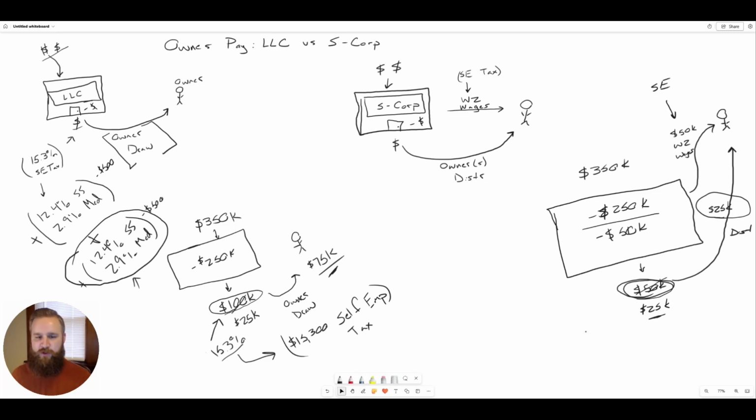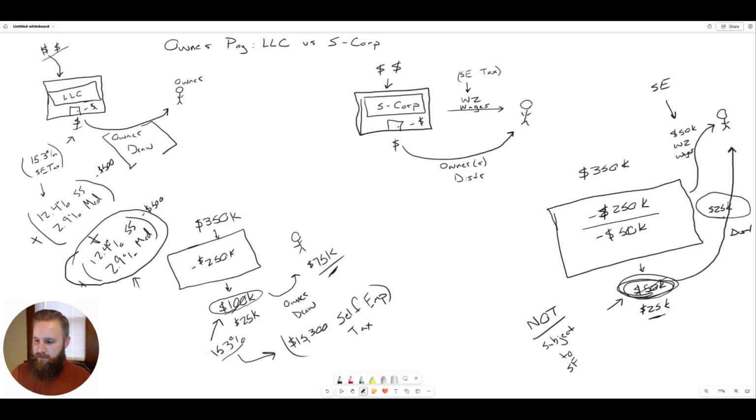You and your personal return will not. But we're not going to get into that here. With an S-Corp, you still will pay taxes on the full $50,000 of profit, even if you only took $25,000 out for yourself. However, the benefit is this profit is not subject to self-employment tax.